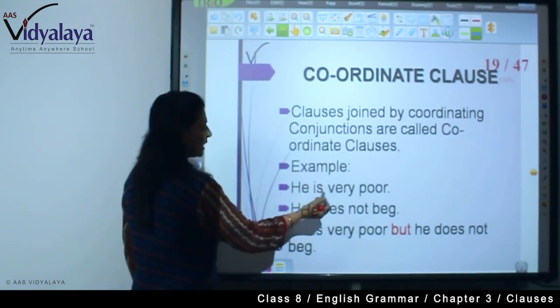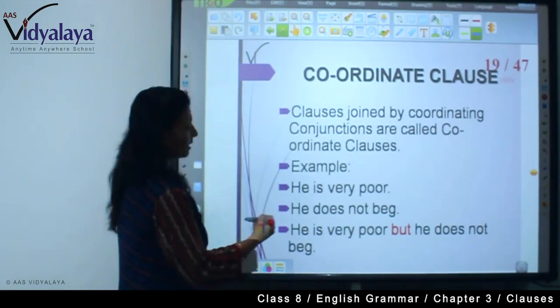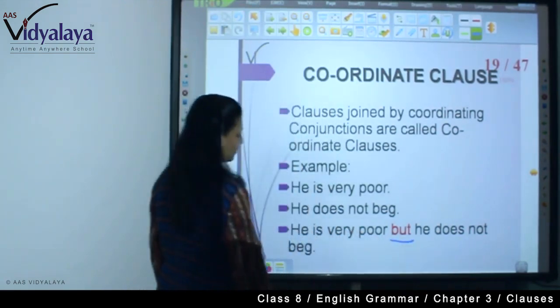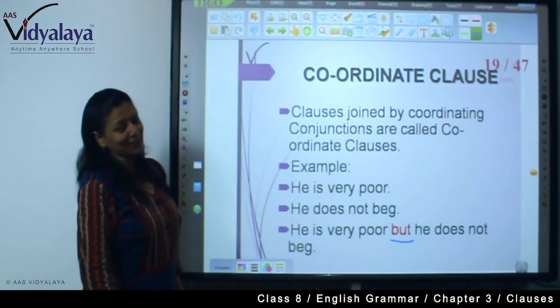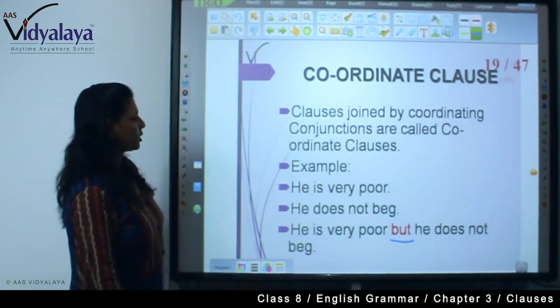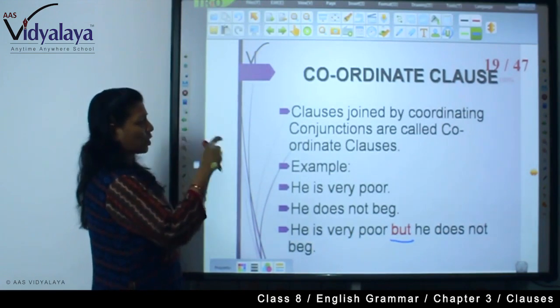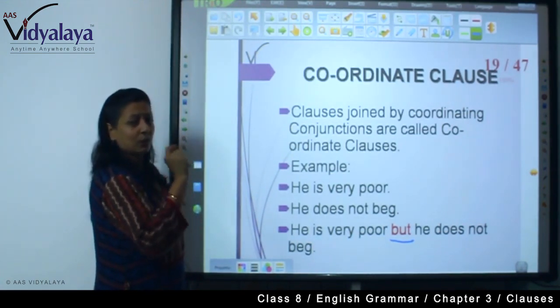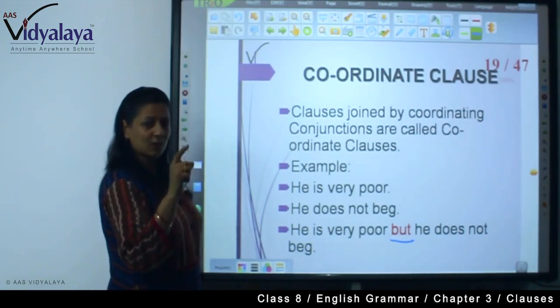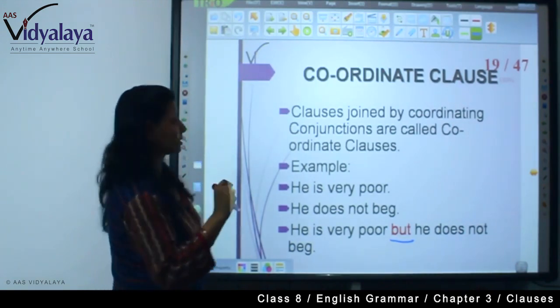He is very poor, he does not beg. Now with the coordinating conjunction we have added: he is very poor but he does not beg. So in this way you are seeing clauses joined by coordinating conjunctions are called coordinate clauses. So you have seen subordinate clause, you are seeing coordinate clause.